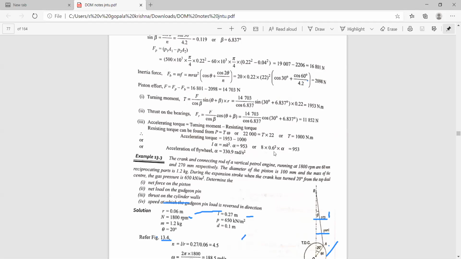The unknown is alpha, so find alpha from this equation. Then alpha is 330.9 radian per second square. That is the acceleration of flywheel.